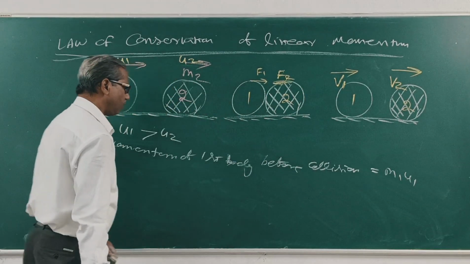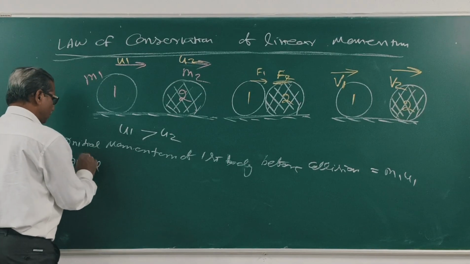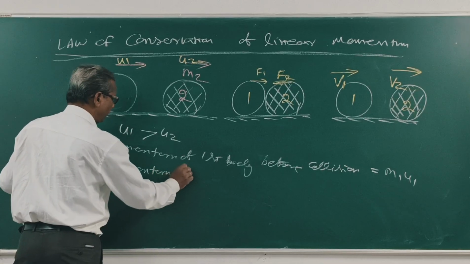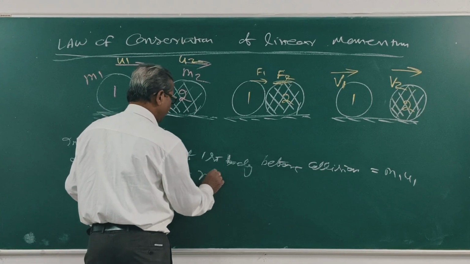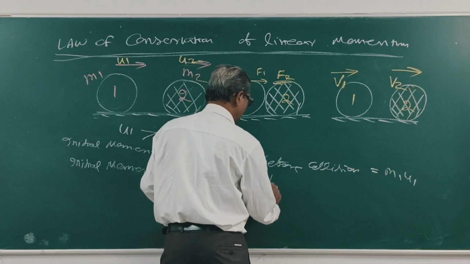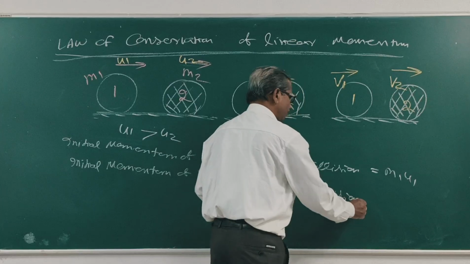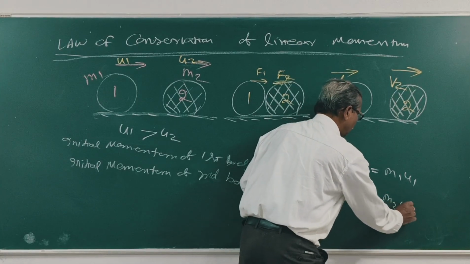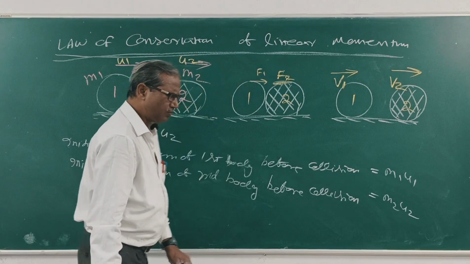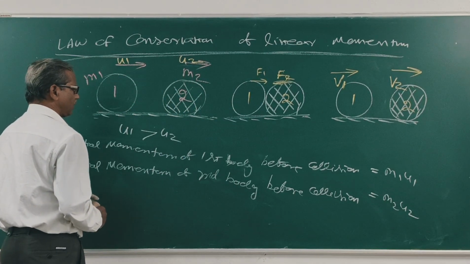The initial momentum of the second body before collision is m2 u2. Now the total initial momentum before collision.